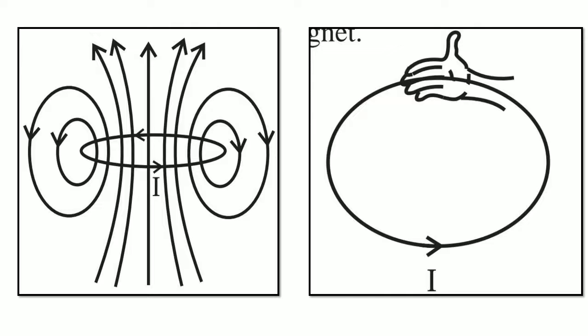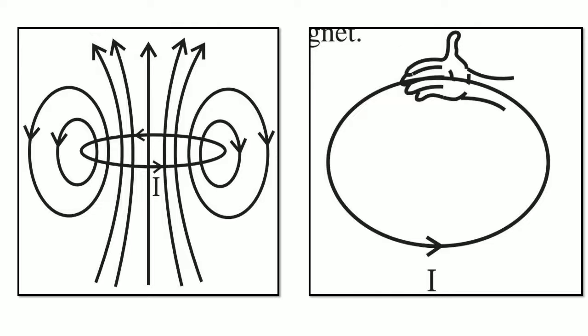Thus the upper part of the loop seen in this diagram may be regarded as the north pole and the lower part as the south pole of a bar magnet.